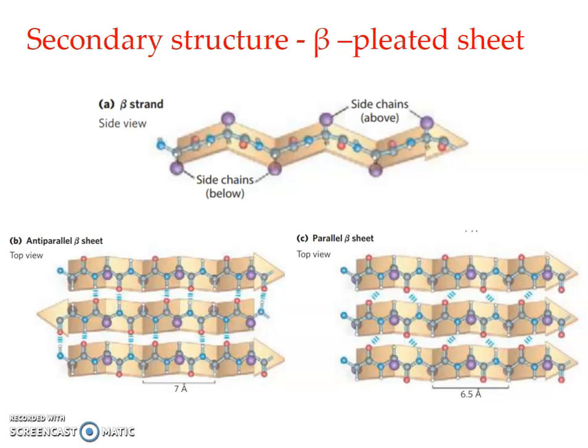Okay, so the polypeptide chains in the beta sheets may be arranged either in parallel or anti-parallel manner. Parallel beta sheets are found in flavodoxin, a protein, and the anti-parallel beta sheet conformation is found in fibroin. Beta pleated sheets may be formed either by separate polypeptide chains or by a single polypeptide chain folding back on itself. If this is a continuous polypeptide chain, then the sheet is intra-chain.